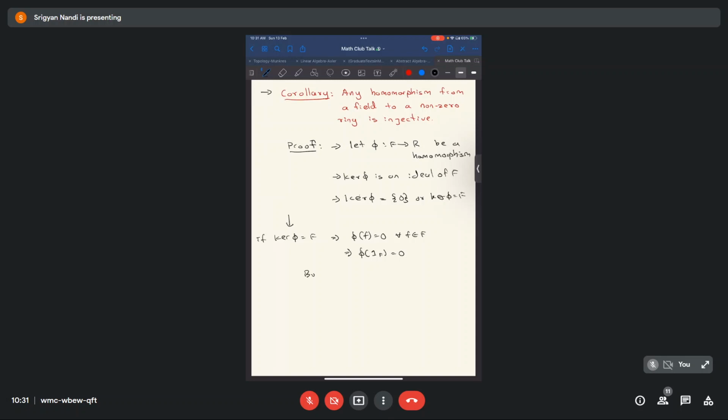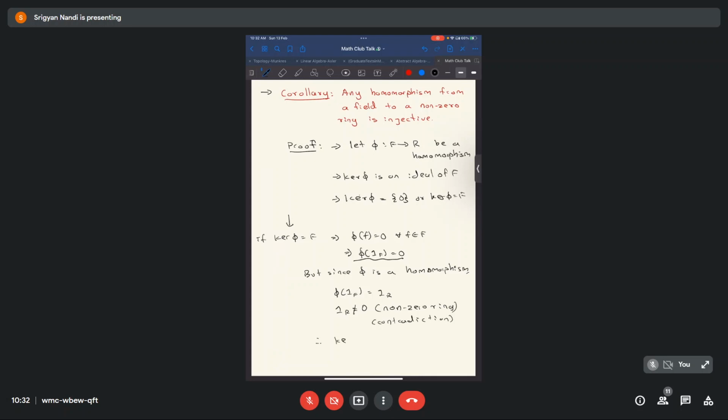But since phi is a homomorphism, as discussed before, phi should respect the unital elements. That means phi of the unital element of F should be equal to the unital element of R. But here we have shown that it is equal to 0. And we know 1_R, the unital element of R, is not equal to 0 since it's a non-zero ring. So this gives us a contradiction.